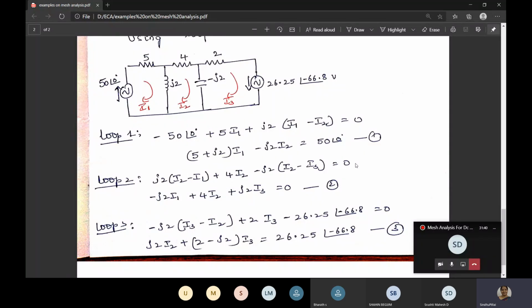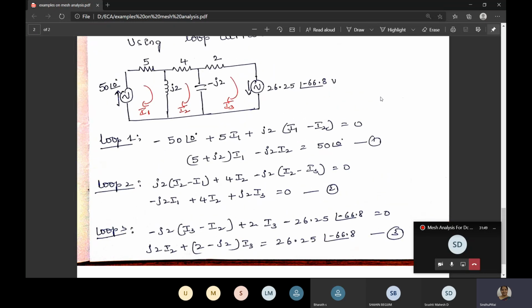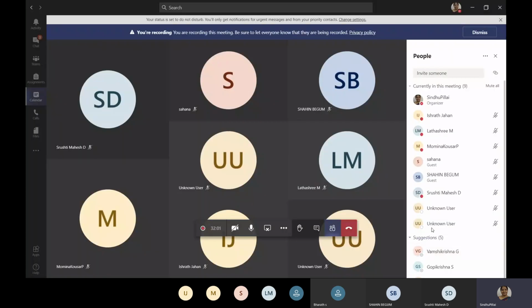Just put it in determinant form. I have written the equation. You put it in determinant form and find out what delta is. Then find delta 2, or at least what part of it can be calculated. See to it and send me the answer. Okay.